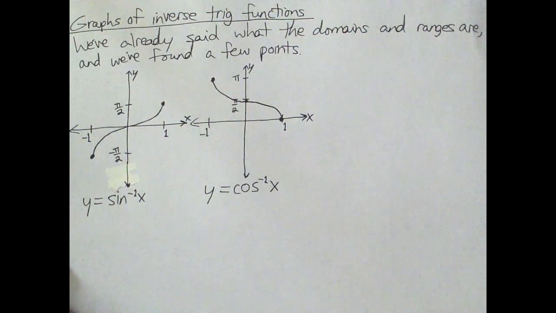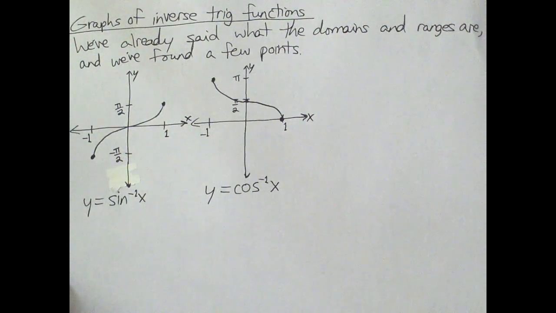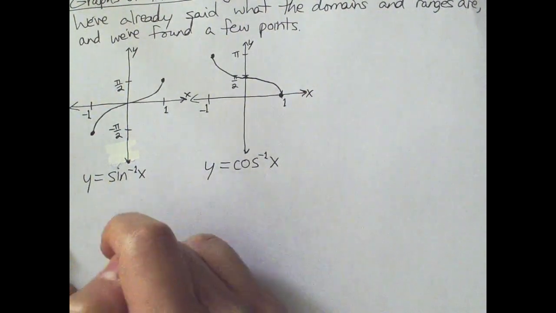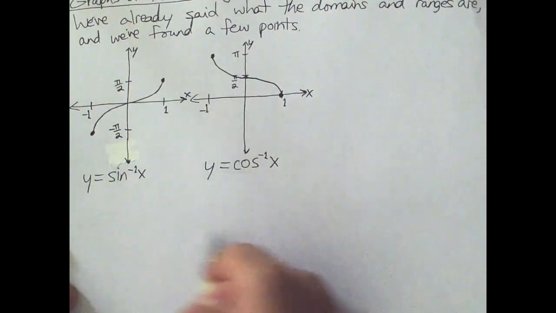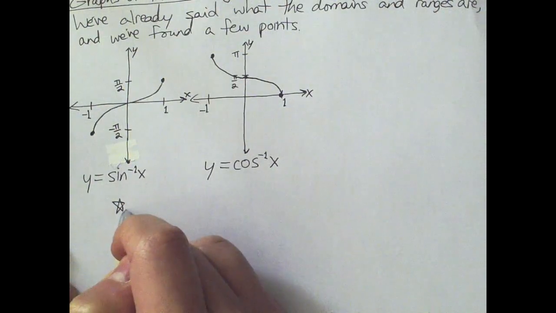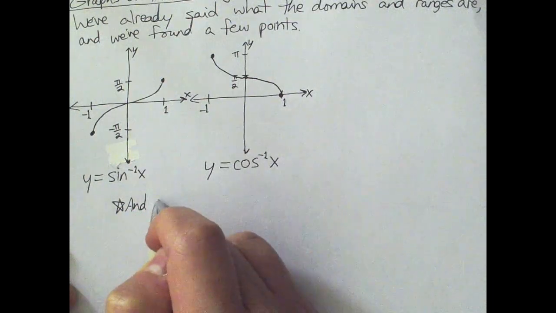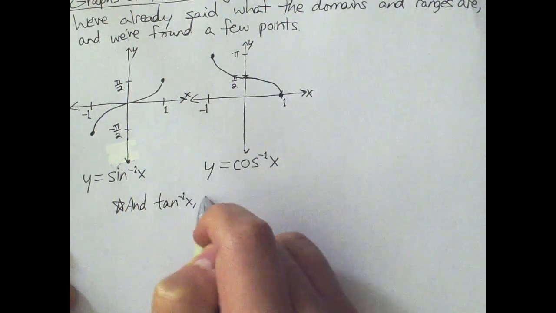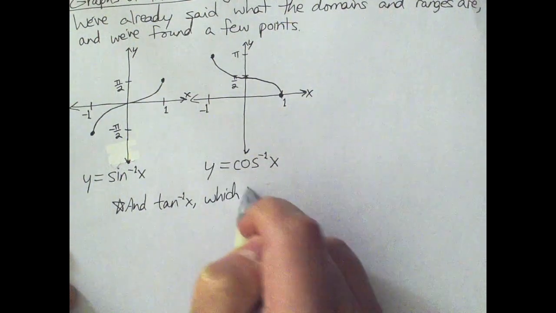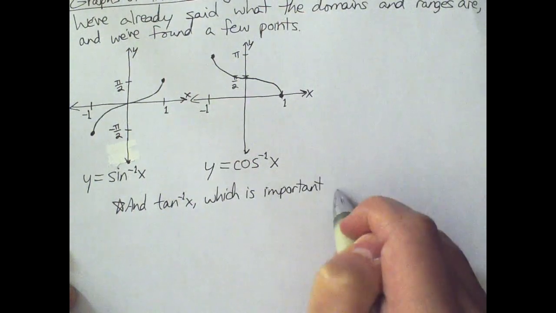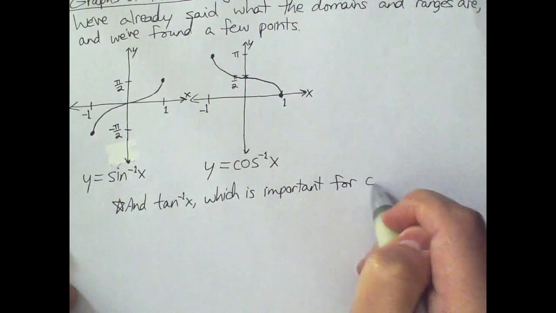What about inverse tangent? You know that tangent kind of looks weird, and you expect that the graph of inverse tangent might also look weird. The next graph that I draw, I want to say that it is important. It's important for calculus.